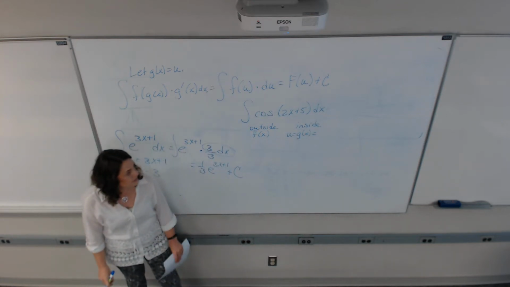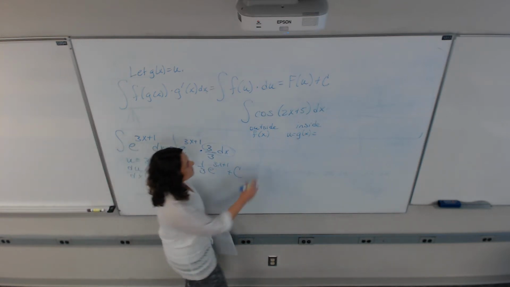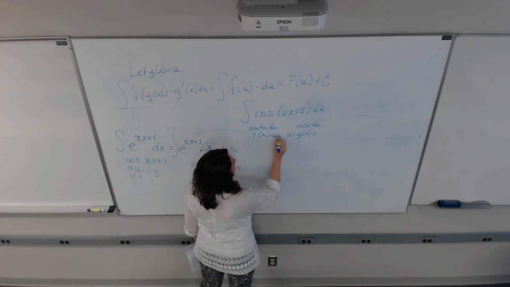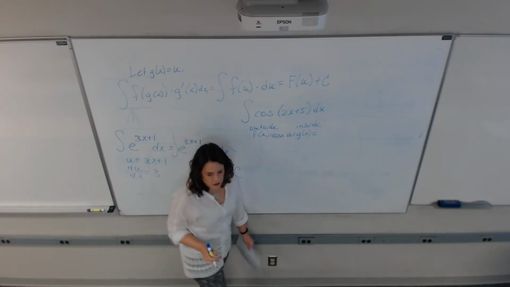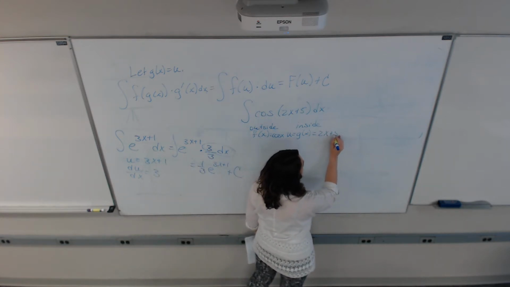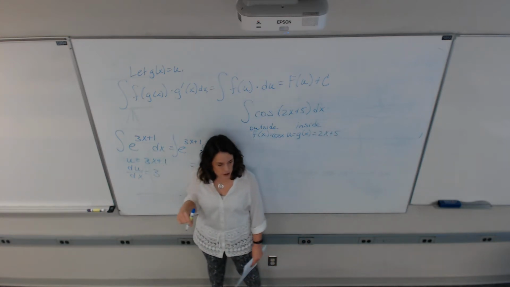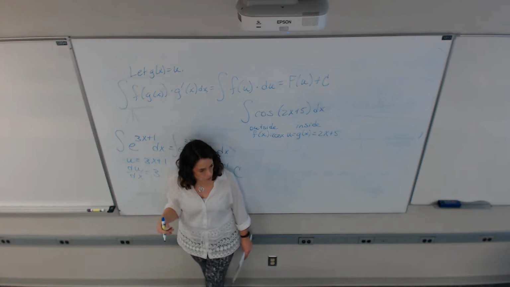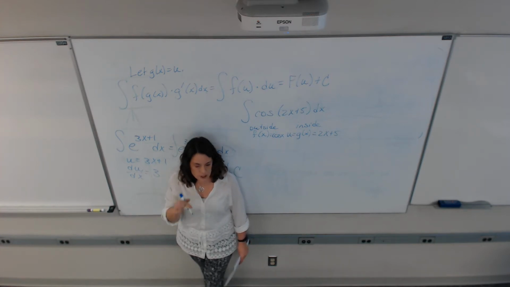What's my outside function? Cosine. What's my inside function? 2x plus 5. I will say there are some integrands that can be done more than one way, all right? There are some integrands where the way you split it up into inside and outside can be done a couple ways. There's usually an easiest way.